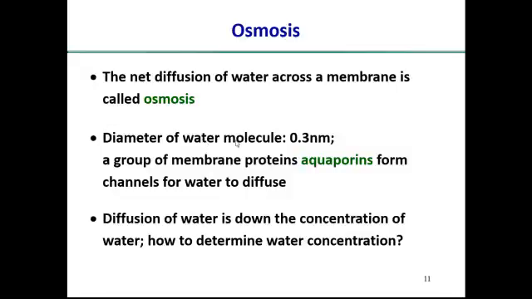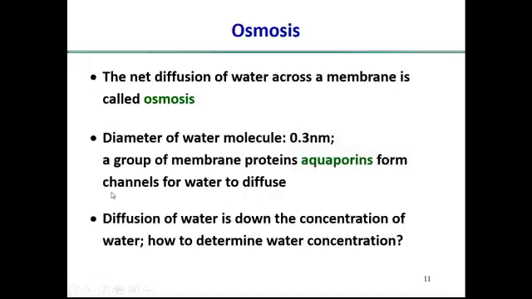The channel for the water to move is called aquaporin. They are very, very small channels, since the diameter of a water molecule is about 0.3 nanometer. This group of membrane proteins called aquaporins form the water channels.